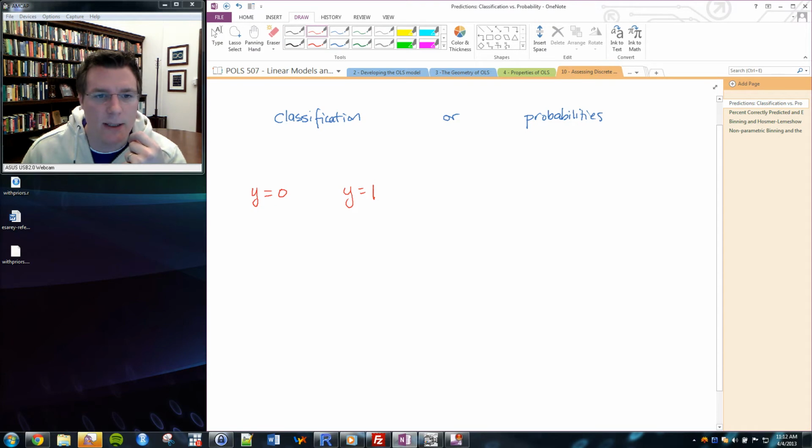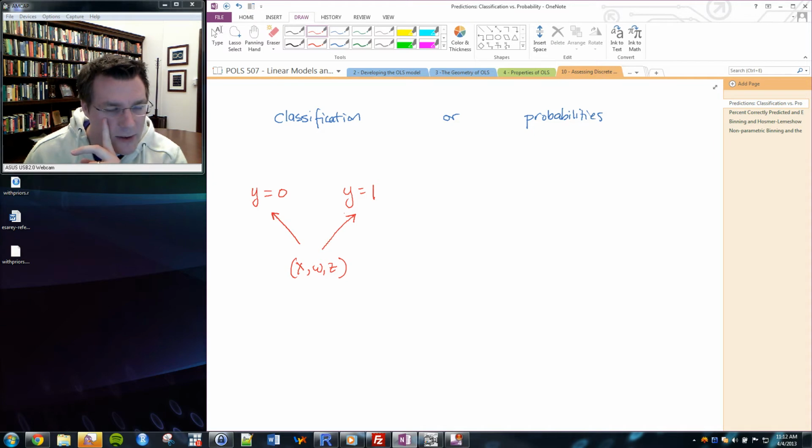And the model is trying to take some information that we observe about a case on some independent variables, and then say, well, based on the variables I observe, I'm going to predict that the dependent variable is either a 0 or a 1. So this is going to be a success or failure, a war or peace, vote or not vote, Republican or Democrat, who knows, some kind of binary or in some cases multinomial dependent variable.